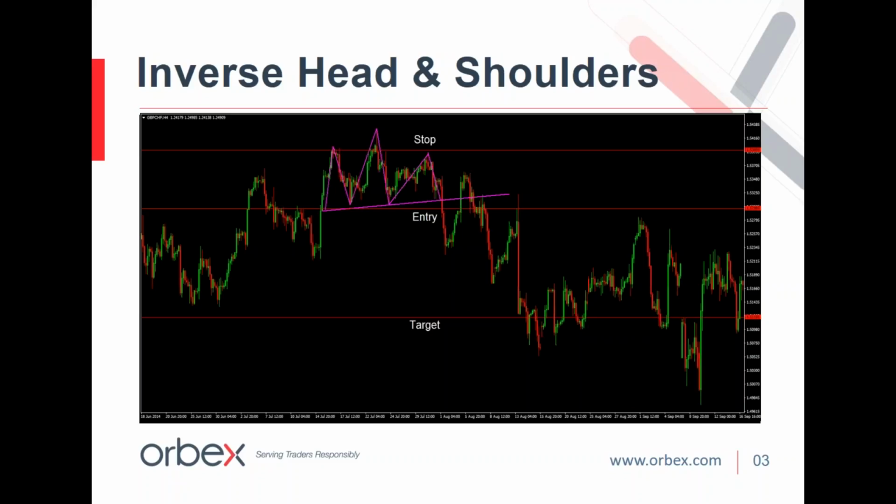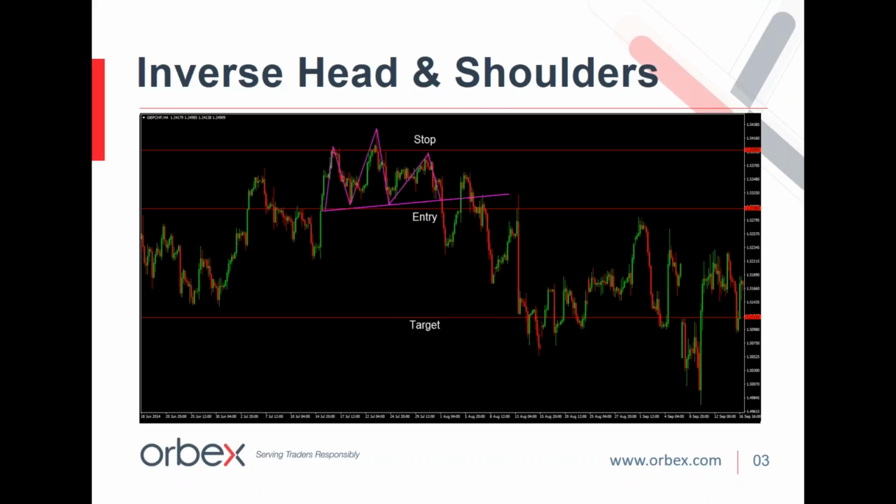Now the basic strategy for trading the pattern is quite simple, and you can see that I've identified these trade management points on the chart to make this clear. So essentially we look to enter short on a breakdown below the neckline, and as we talked about with the wedges, the way that I personally look to enter these trades is to wait for a candle close, and this is the more conservative approach.